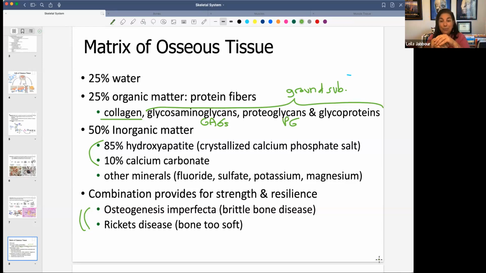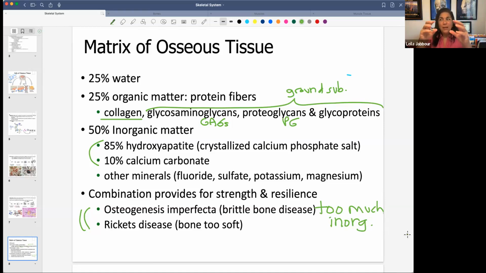In osteogenesis imperfecta, which is also called brittle bone disease, you have too much inorganic, or maybe it could be the normal amount of inorganic, but not enough organic matter. There's not enough collagen fibers produced. I'm pretty sure this is a genetic disorder that prevents the production of collagen fibers. So you end up with not enough collagen fibers in the tissue.